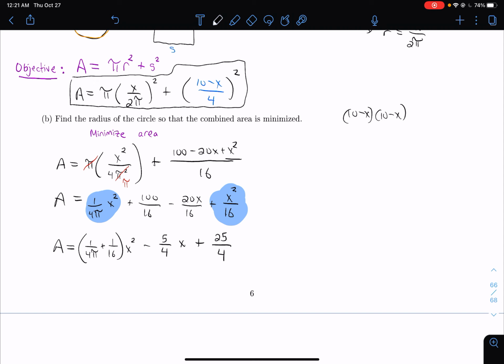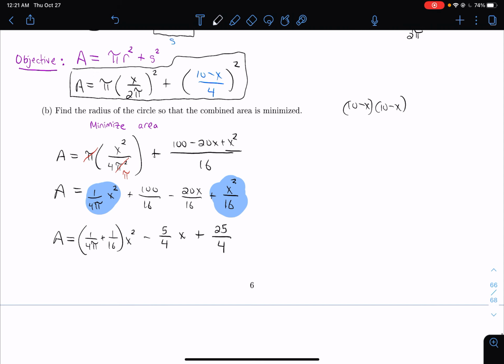Okay. So now, with my x squared coefficient, I'll have to get a common denominator to add these fractions. So for the first fraction, I got to multiply it top and bottom by 4. And that's going to give me 4 on top and 16 pi on the bottom.